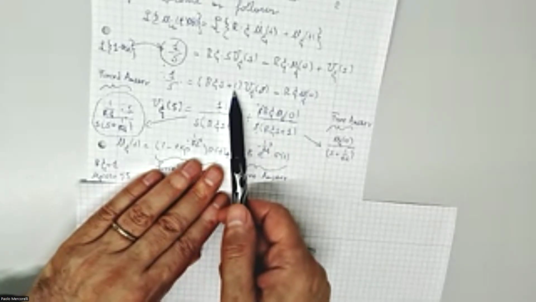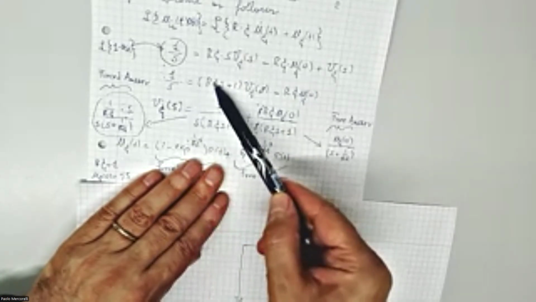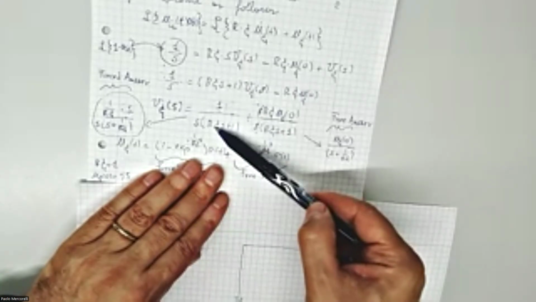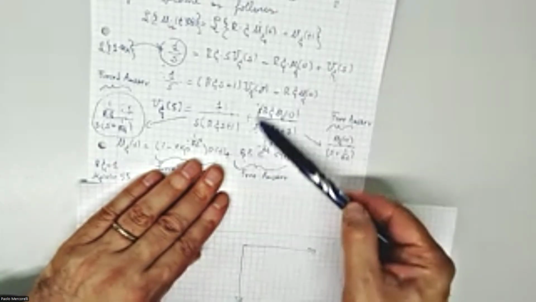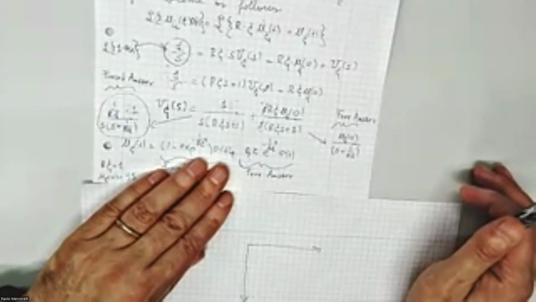Then I divide this element by this, and I have this, and I have this. Here I put S divided by S, that you don't need to put.